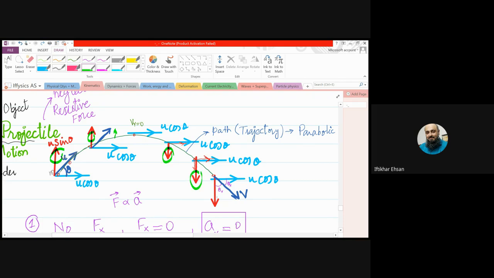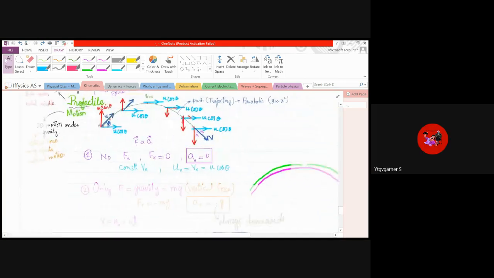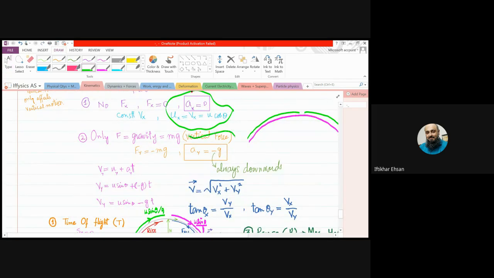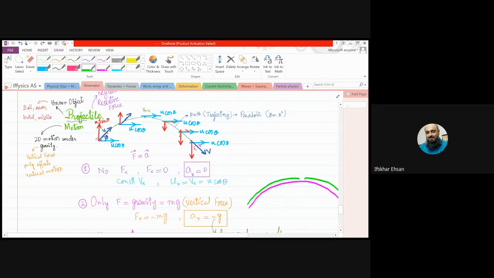And when we move against gravity, it's getting smaller, smaller, and becomes zero, then starts getting larger and larger. So vertical velocity is not constant, it is changing. Right, Shamas? Horizontal velocity is not changing, horizontal acceleration is zero, but the vertical component of acceleration is there. And due to gravity, we always take that acceleration to be g.